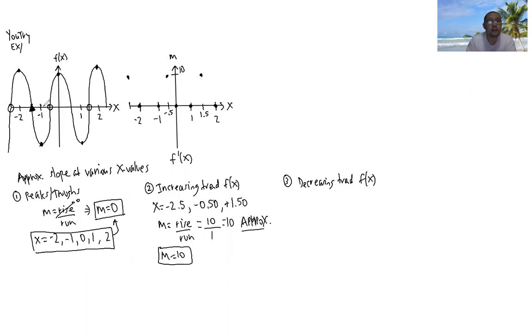X is equal to negative 1.5, right? Decreasing trend. X is equal to positive 0.5. And then if we extend this thing out, x is equal to positive 2.5, right? So these are the points that we're going to pick to assess. Negative 1.5 right here, positive 0.5, and then 2.5.